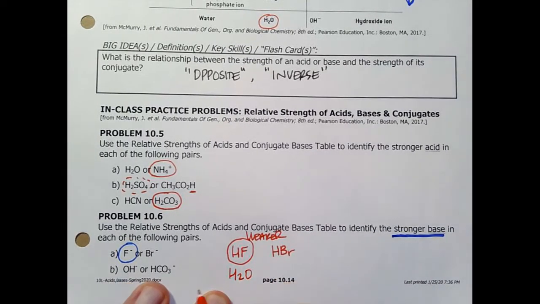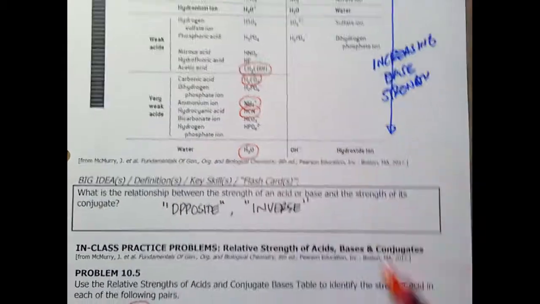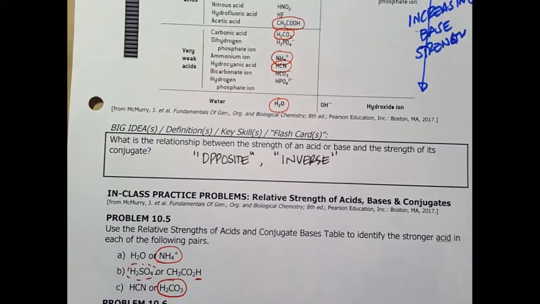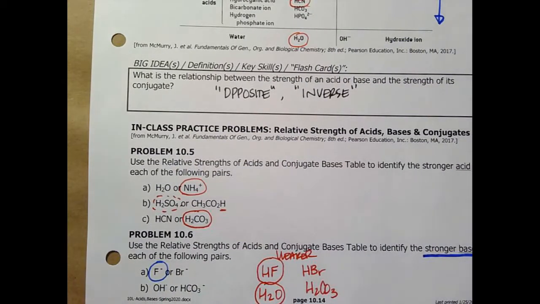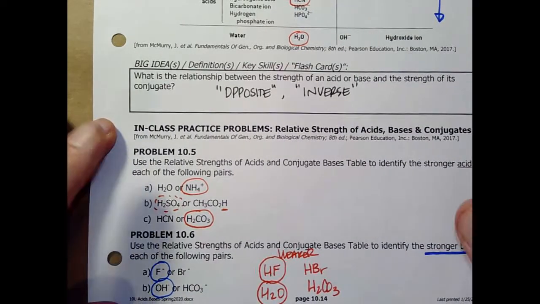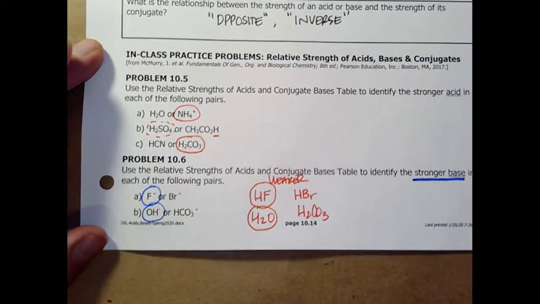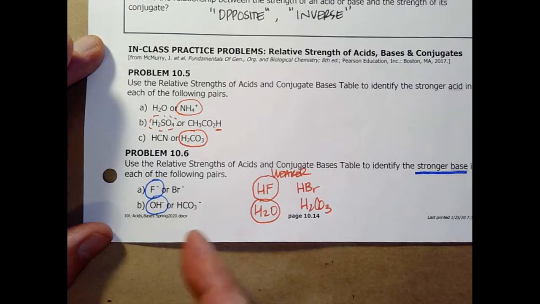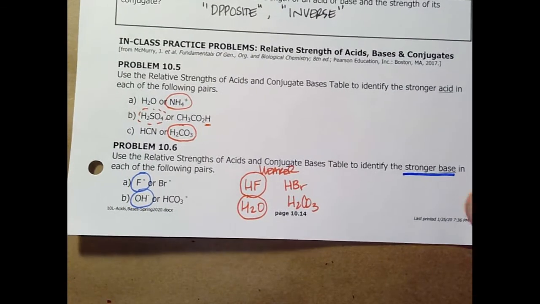Water. Conjugate acid for hydrogen carbonate, H2CO3. Well, I go to my list. Water is the weakest acid that we can have in water. So the stronger base is hydroxide, which we'd already memorized anyway. But there we go. From our list, we picked out the stronger acid. Here we just went backwards, looked at the weaker acid, and that gave us the stronger base.